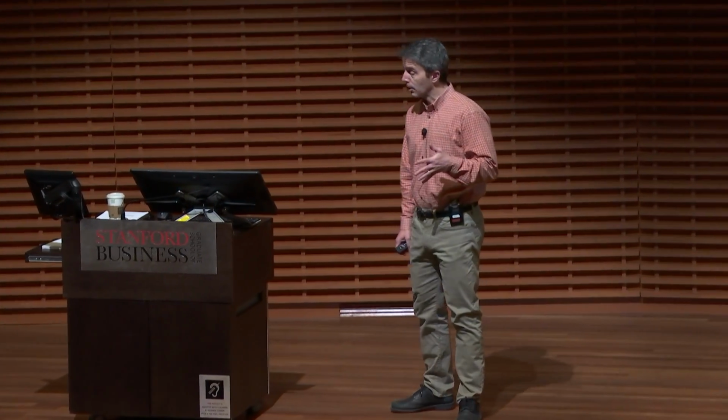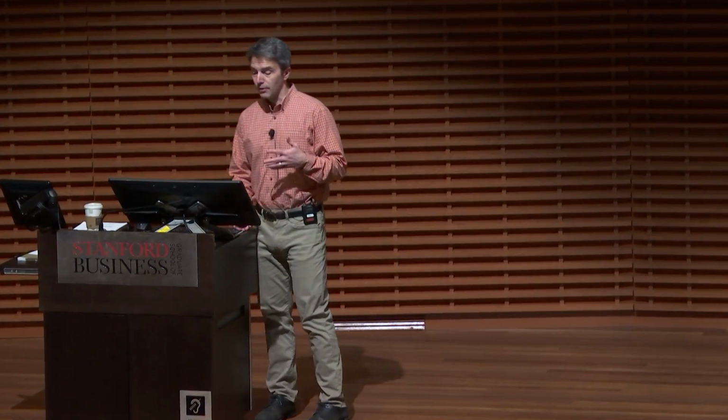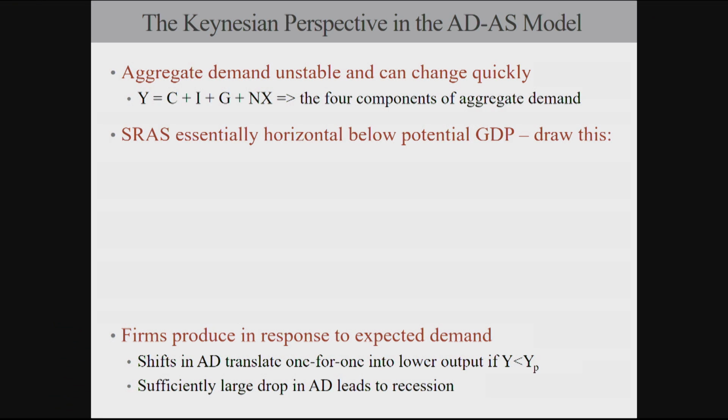So we talked a lot a couple weeks ago about how aggregate demand has 4 components: consumption, investment, government spending, and net exports. Previously, we talked about, let's say this horizontal axis is the level of output in the economy, and the vertical axis is the price level.